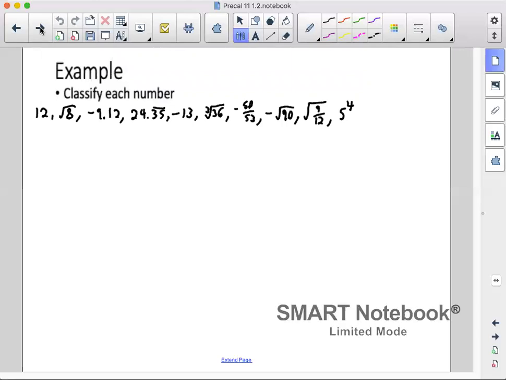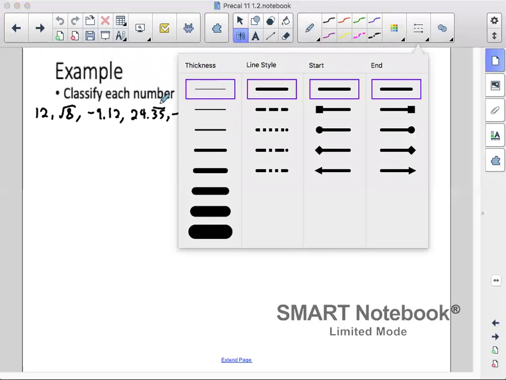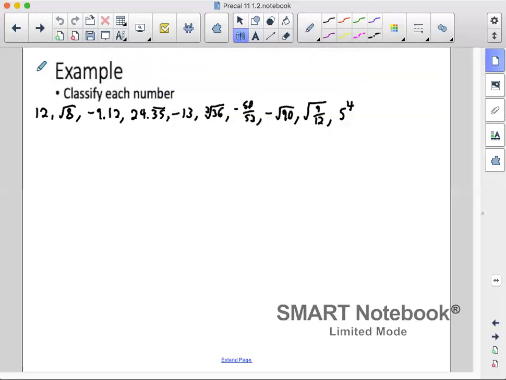So for example, classify each number. So what we'll do is I'll write out each type of numbers and then put these into their corresponding classifications. So we have natural numbers. We have whole numbers. We have integers.